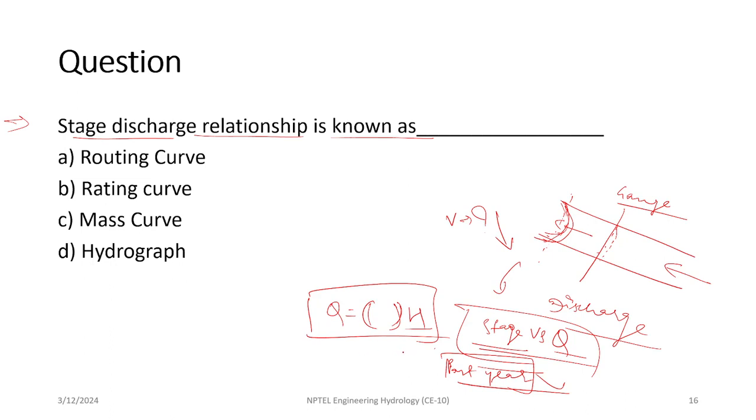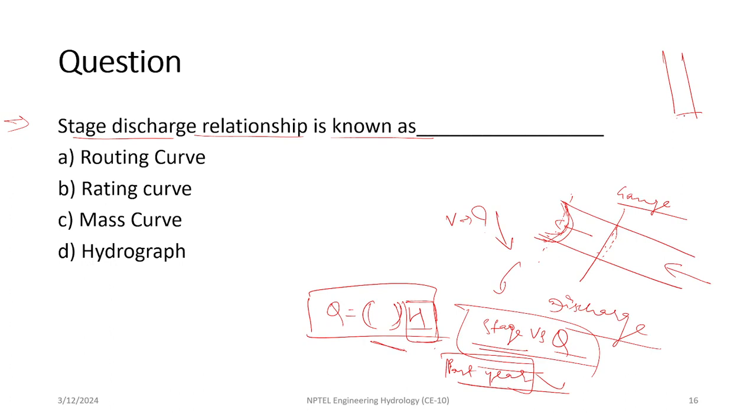That is why they cross check this relation after every coming monsoon season. Once they establish this relation, they will only take the H value reading every day, and for this staff gauges are installed at every CWC station.